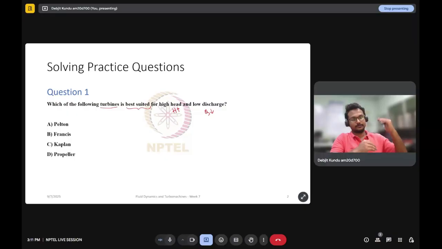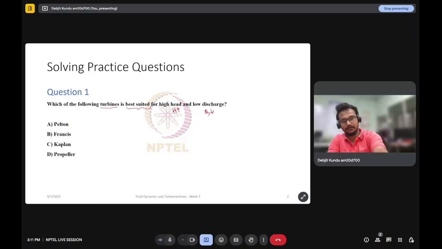So there's water coming from a very big height, but the total volume is limited. In that case, if you want to use a turbine to generate electricity using the water's energy, how do you do that? Do you pick a Pelton turbine, a Francis turbine, a Kaplan turbine, or a propeller turbine?